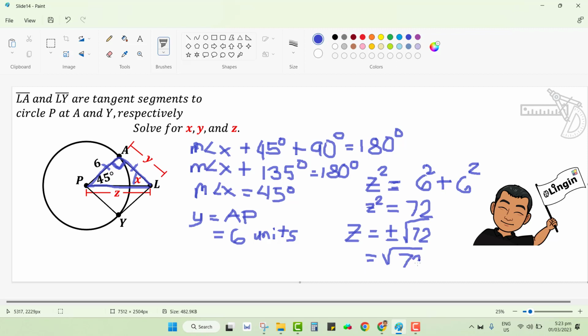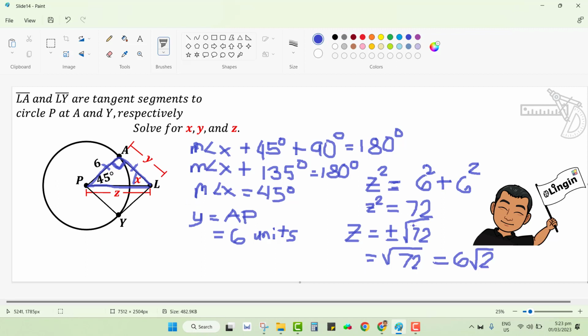In lowest terms, the square root of 72 is 6 square root of 2. This is the value of z, the segment joining the center of circle P to the exterior point L, where the two tangent segments are drawn. This is 6 square root of 2.